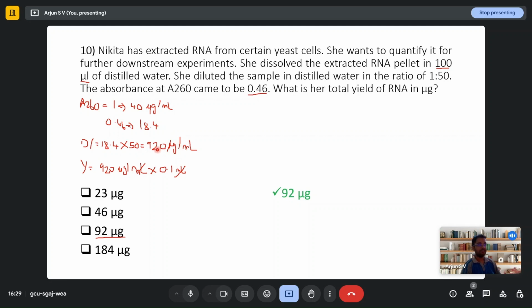And if this 920 microgram per ml hadn't been dissolved in 100 microliter of distilled water, that is 0.1 ml of distilled water, then it would have been 920 microgram per ml into 0.1 ml, which is 92 microgram, which is the correct answer. So I hope you guys get how to solve this.